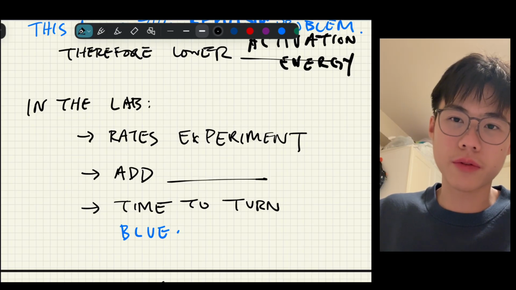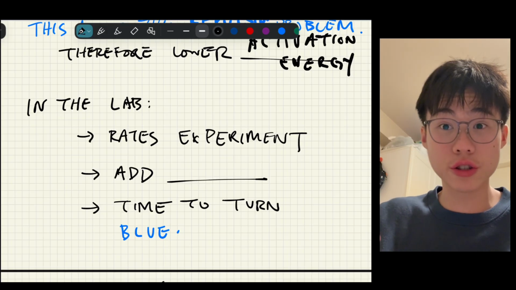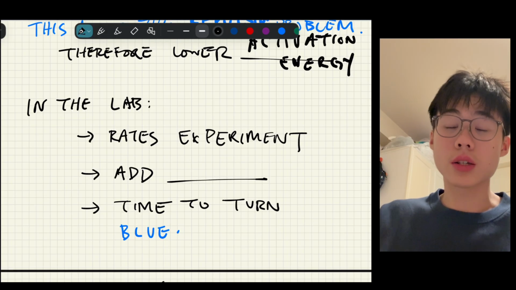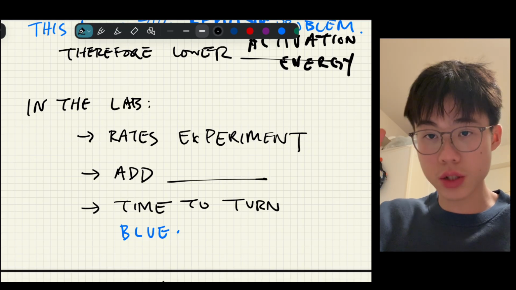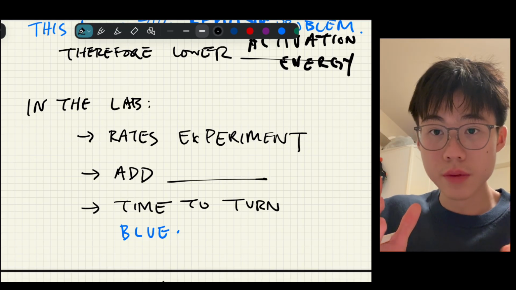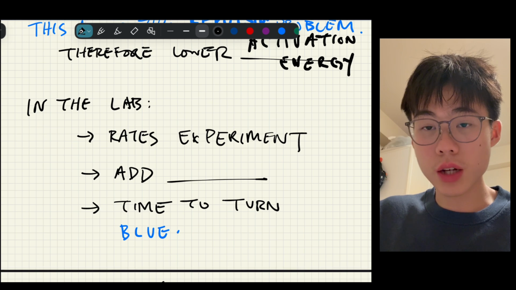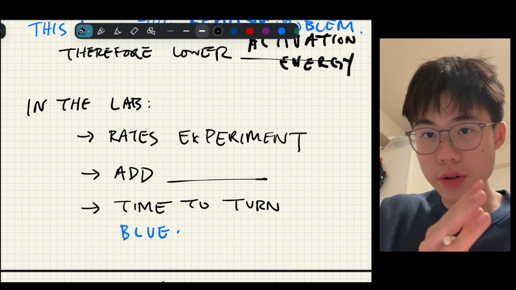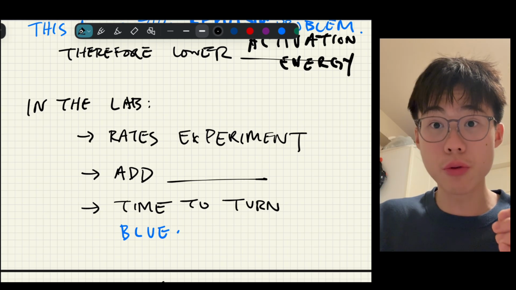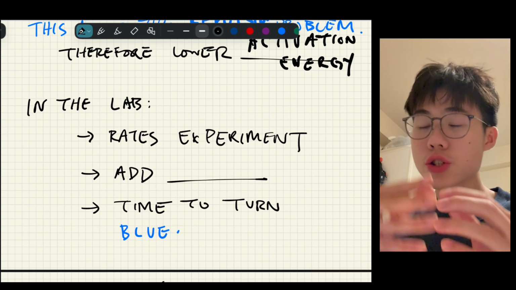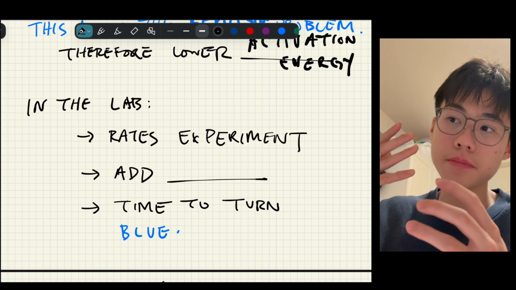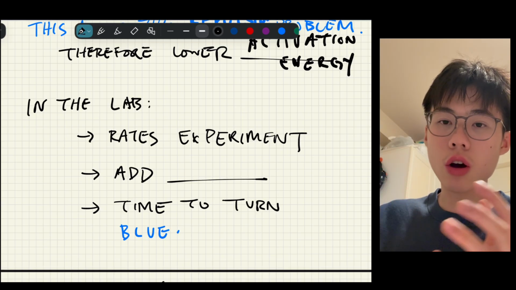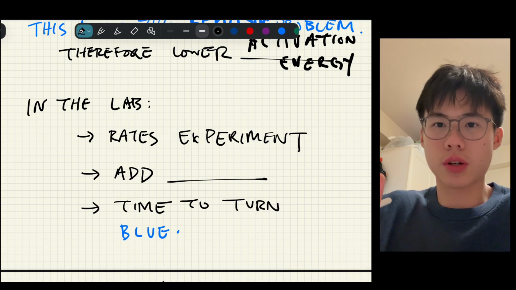You don't know anything about the rate. So what we do is we add starch. The reason why we add starch is because iodine is one of the products of the reaction. And what happens when starch and iodine mix is it turns blue. And so it's sort of like a clock reaction, or you can think of it as a disappearing cross reaction.